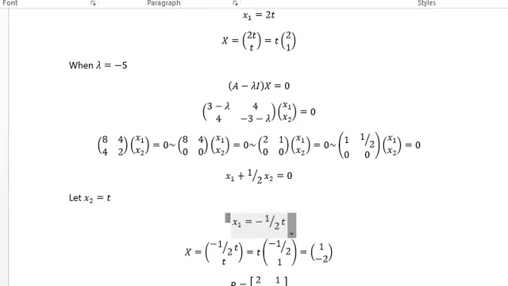Substitute lambda is equal to minus 5 in A minus lambda I into x is equal to 0. We get the corresponding eigenvector as (1, minus 2). So when lambda is equal to 5, you get the eigenvector (2, 1), and when lambda is equal to minus 5, you get the eigenvector (1, minus 2).